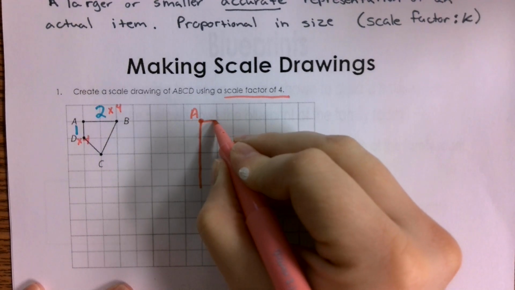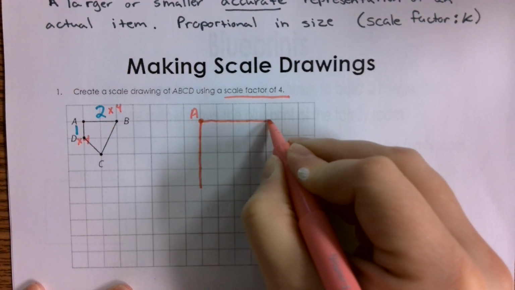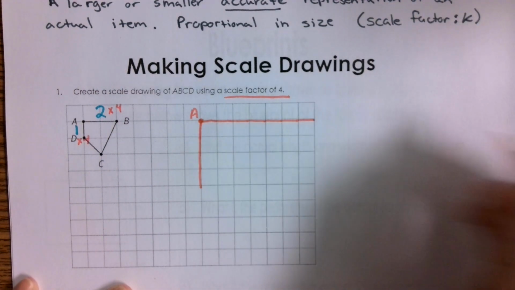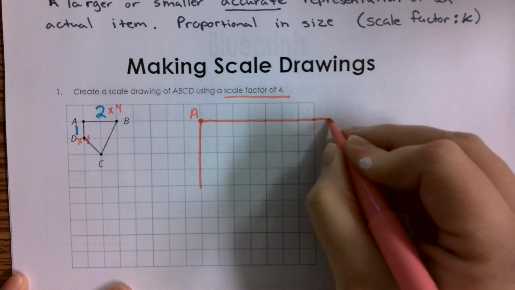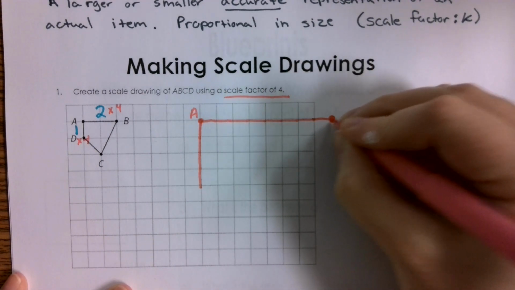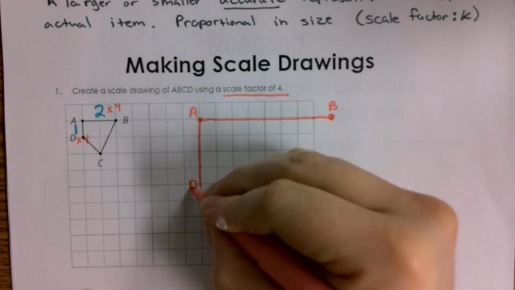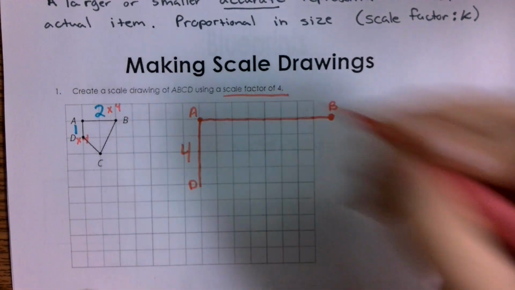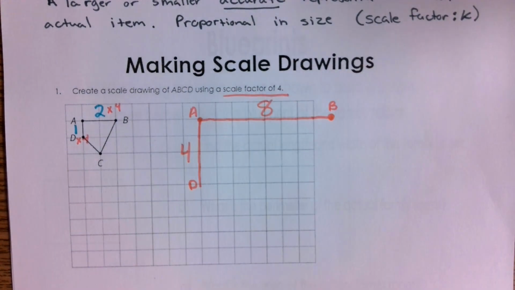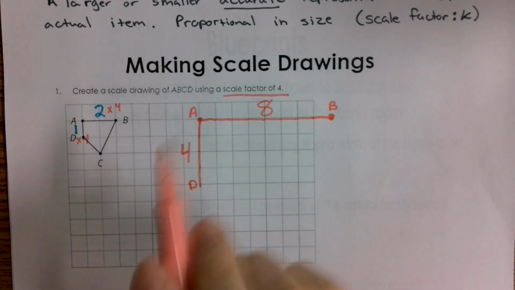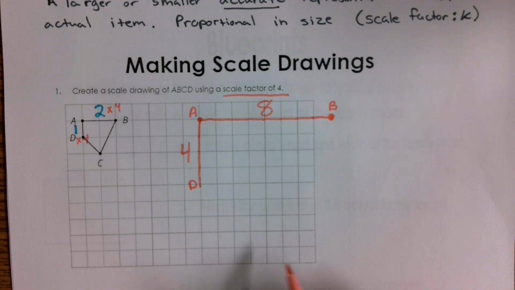So I'm going to go 1, 2, 3, 4, 5, 6, 7. Oop, I should have started 1 over. We'll go 8 right here. That's going to take me to point B. Okay, and then this is to point D. This is 4 units. This is 8 units. Okay, and then somewhere down along the line, we'll have point C.